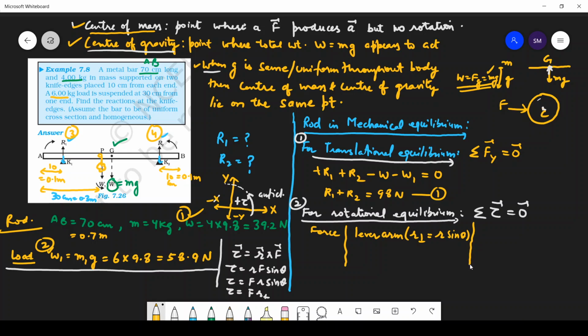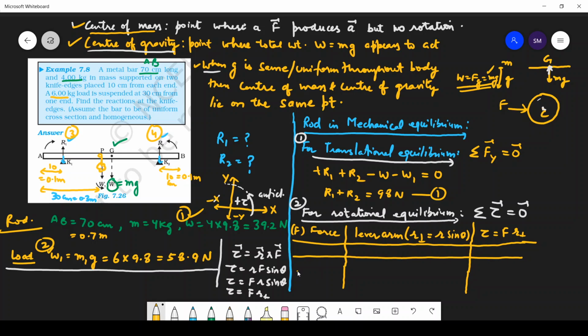And then this is your force F, and then multiplying these two, you will get torque. So tau is equal to F into R perpendicular. Okay, so we can make a table. Let us make a table.